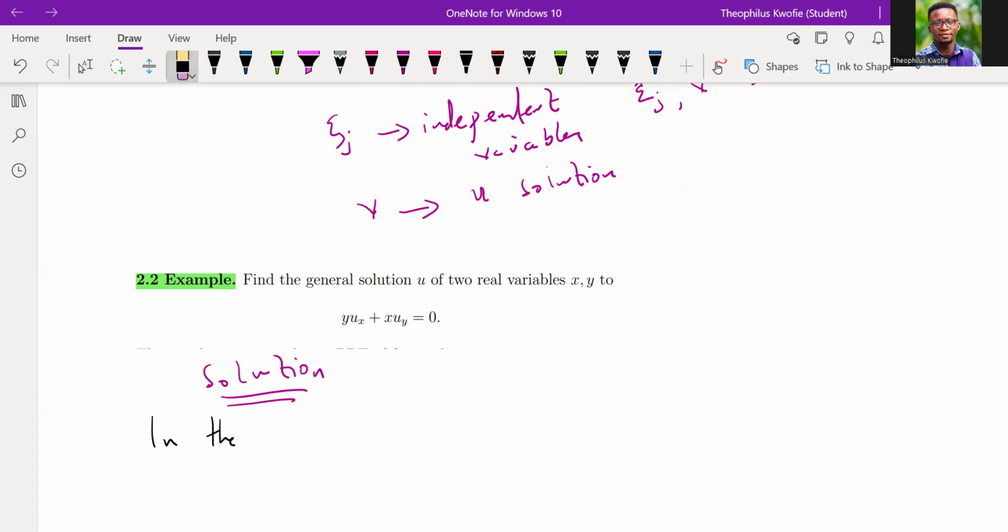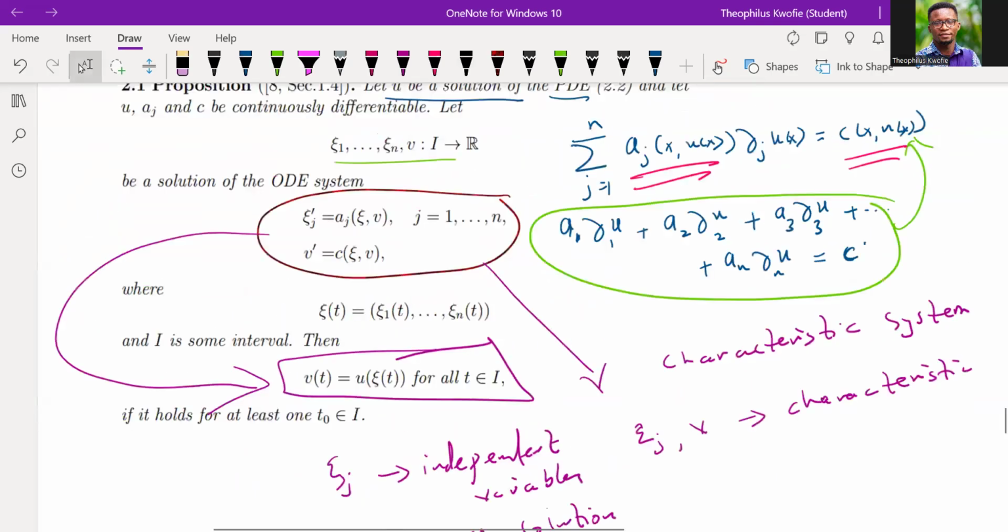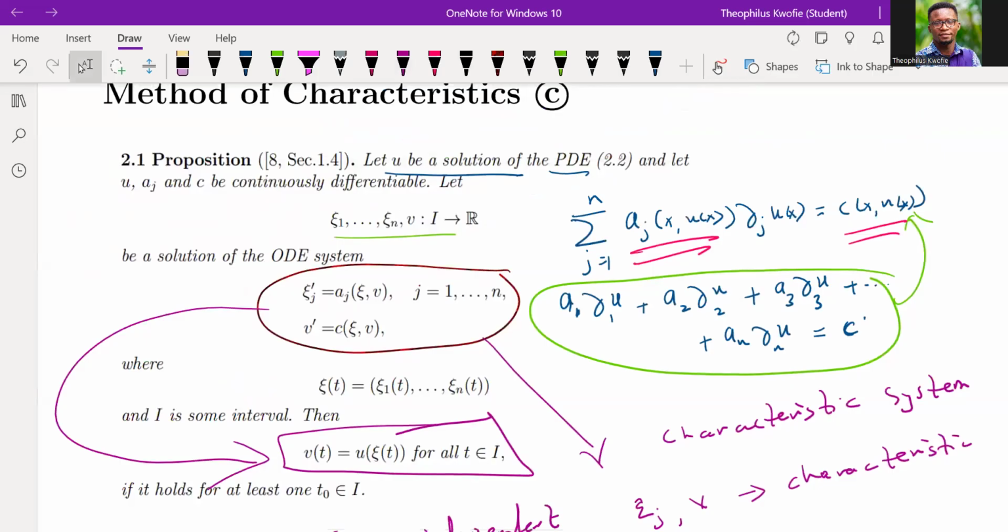This PDE is y multiplying the partial of u with respect to x plus x multiplying the partial of u with respect to y equals 0. Remember, when I was explaining, we were using 1, 2, and so on.